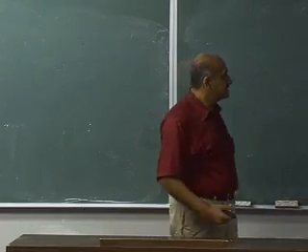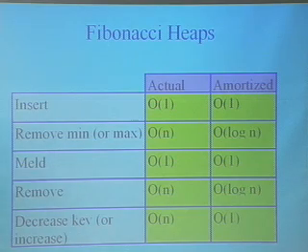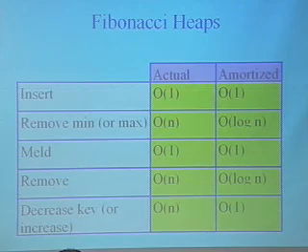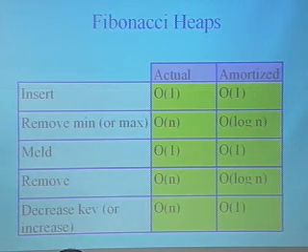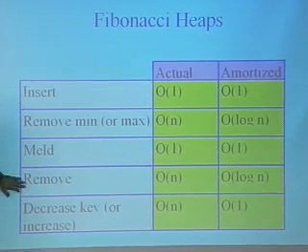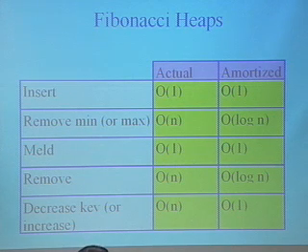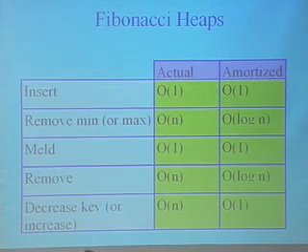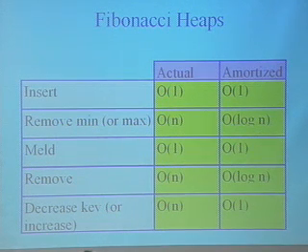What we'll see is that the Fibonacci heap supports two operations in addition to those supported by the binomial heap. The two being the remove, which is an arbitrary remove. External to the data structure, the user has pointers to nodes in your Fibonacci heap and says remove the item that's sitting in this particular node.